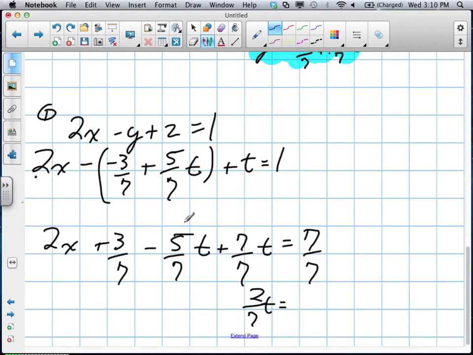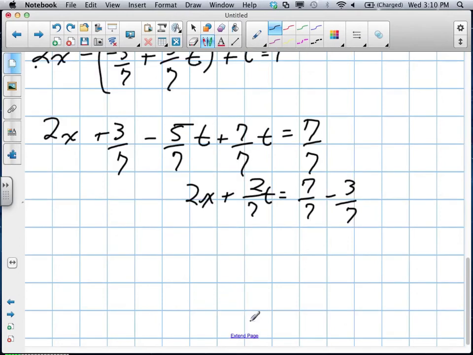And when I bring the 3 over 7 fraction to the other side, it becomes negative. So 7 over 7, subtract 3 over 7. And we still have 2x. We're trying to find x, so x is equal to -2 over 7t plus 4 over 7.